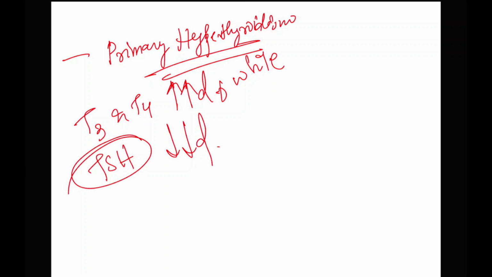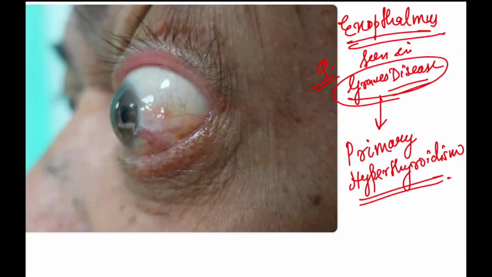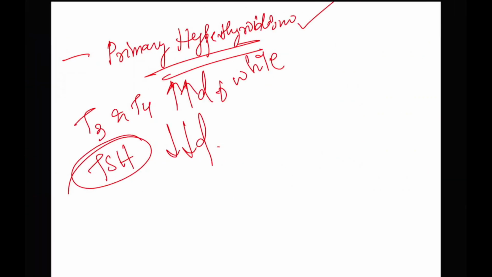So Graves' disease is a feature of primary hyperthyroidism, in which we can see exophthalmos, the protrusion of the eyeball, and it is an autoimmune condition. This much is important for you all to know. Am I clear?